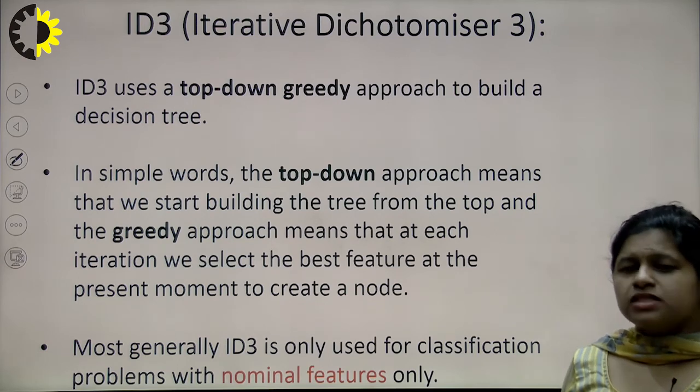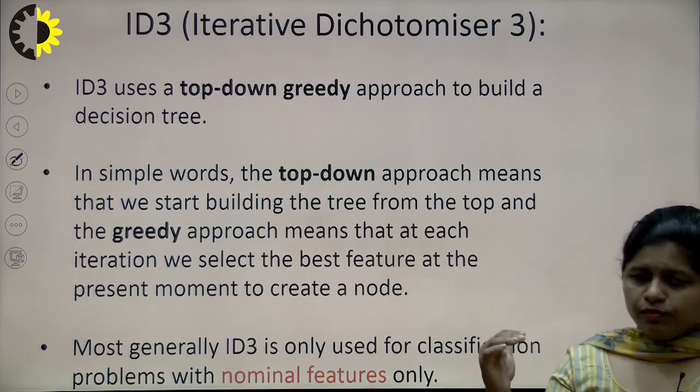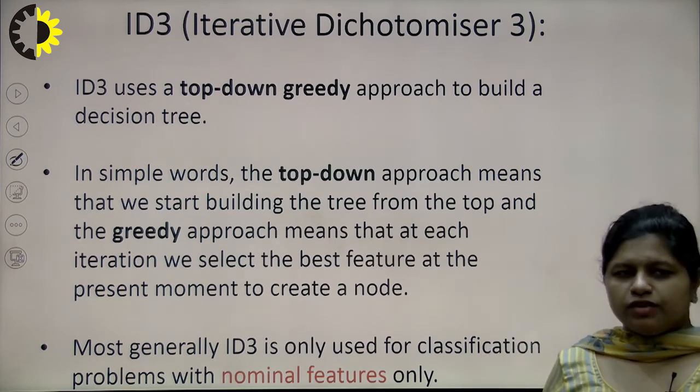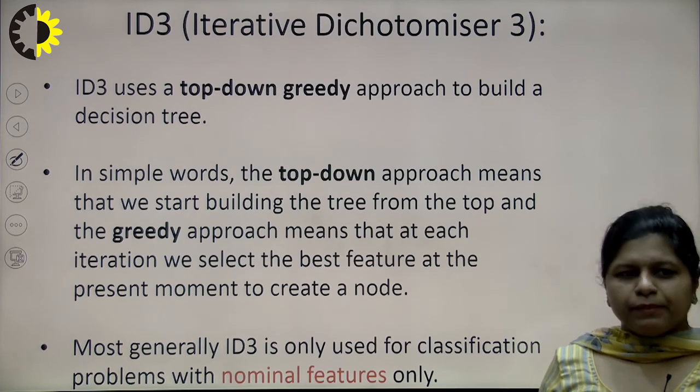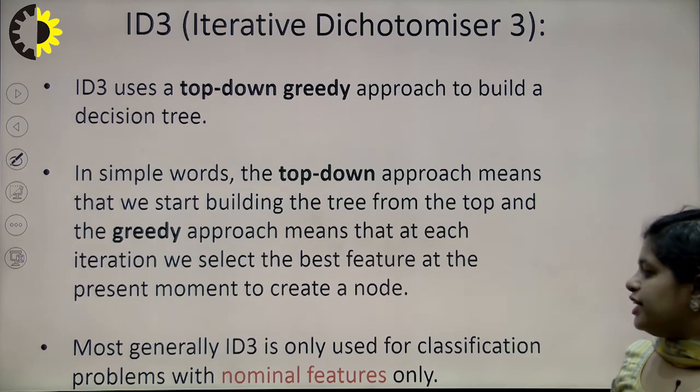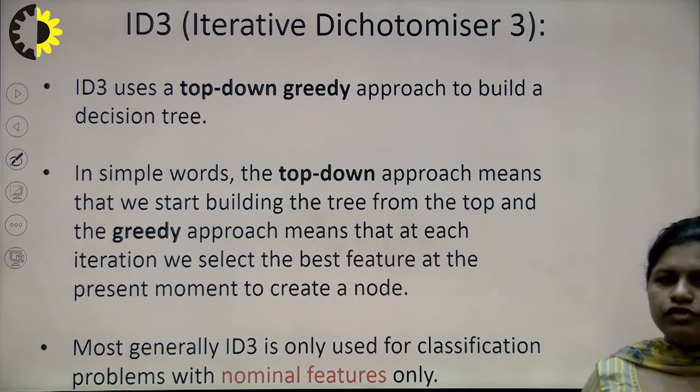Starting from the root we build the tree down to the leaf nodes, and at every moment it selects the best feature. Most generally, ID3 is only used for classification problems with nominal features only.